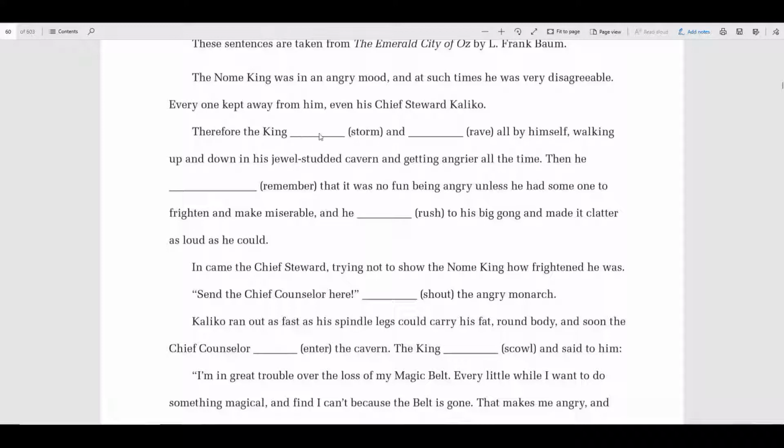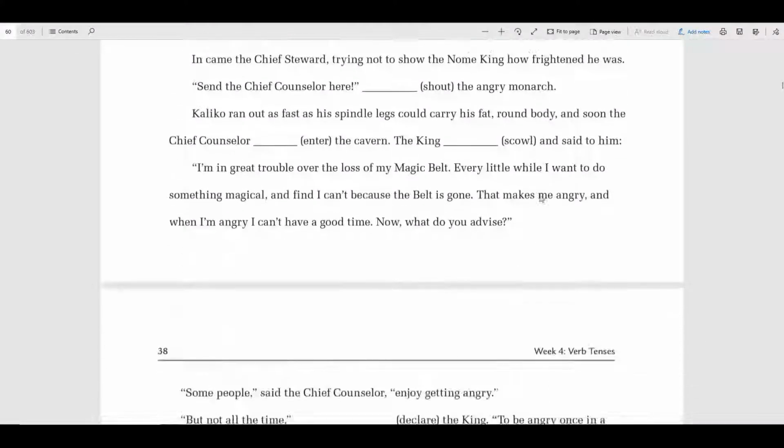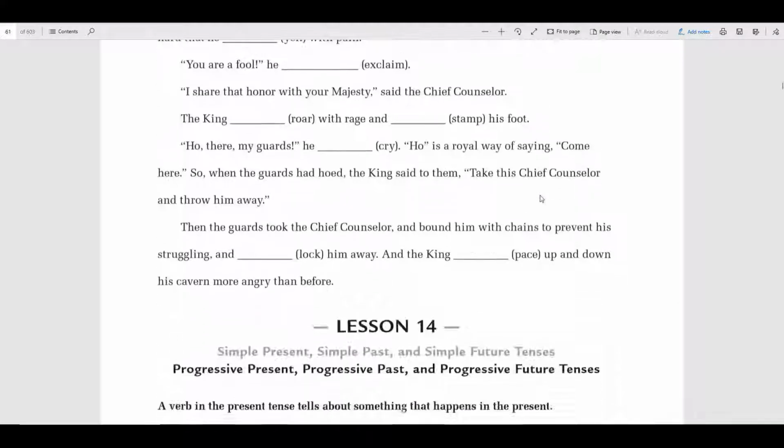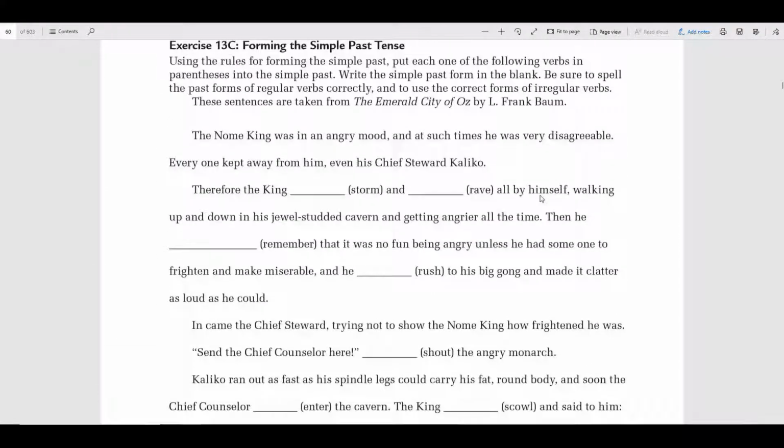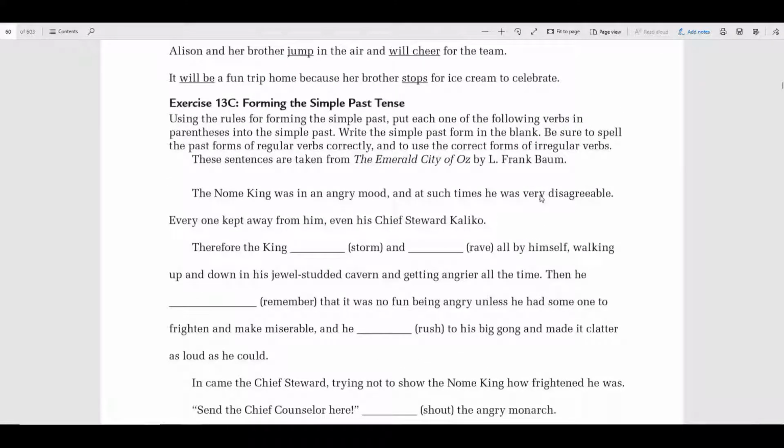Therefore, the king stormed and raved all by himself, walking up and down in his jewel-studded cavern and getting angrier all the time. Then he remembered. Okay, so I'm not going to walk through all of those with you, but I want you to do those, and I think that's all for today. So I want you to pause this and fill all those in. And when you're finished, if you'll play it again, I'll put the answers up here and you can check your own answers.